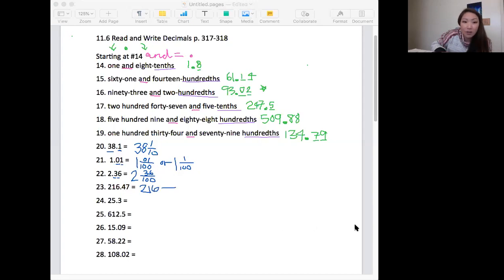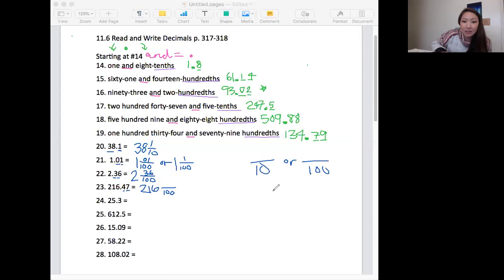So we know that there's 2 place values, so our denominator should be 100. So the only options for your denominators is 10, okay, or 100. That's the only option, okay?